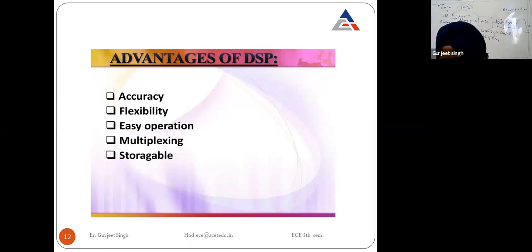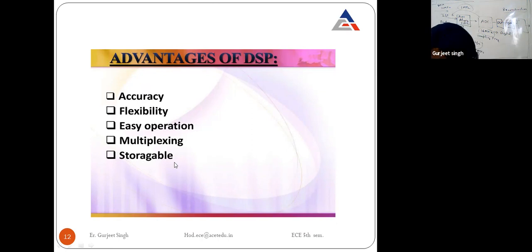Next, we have the advantages of the DSP. Advantages of the DSP are accuracy, flexibility, easy operation, multiplexing, storability. So these are the advantages of the DSP. We will discuss them one by one.